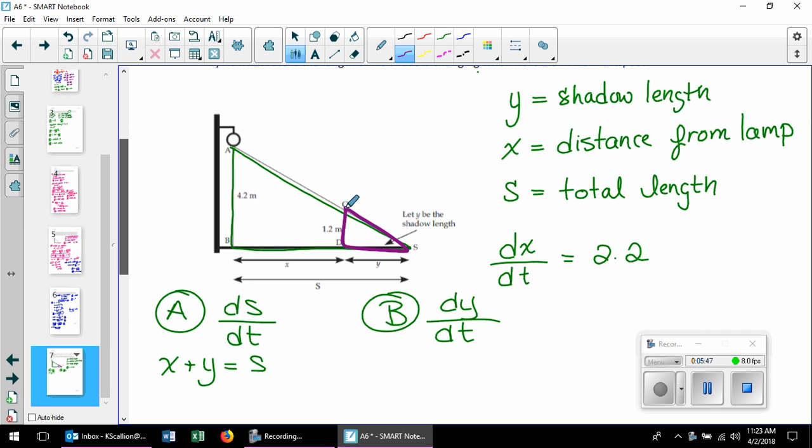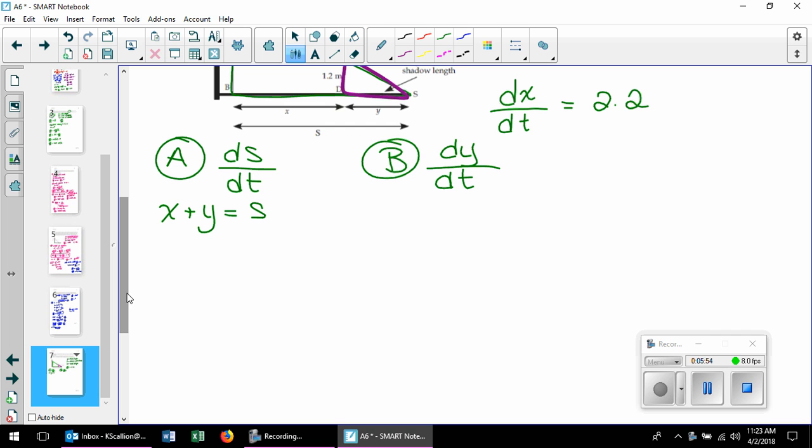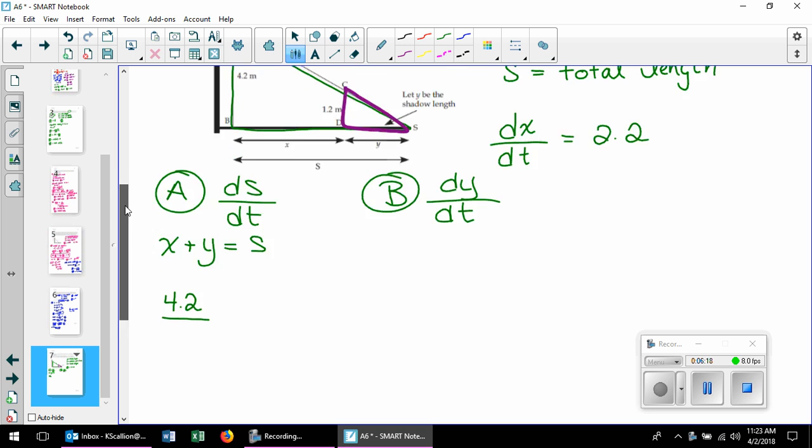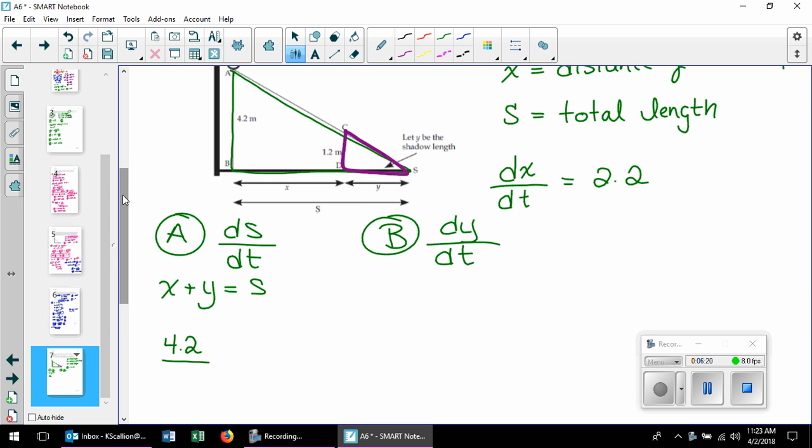So, in my big triangle, I know that 4.2. What do we do, X or Y? Let's do Y. So 4.2 matches with what in the purple triangle? 1.2.